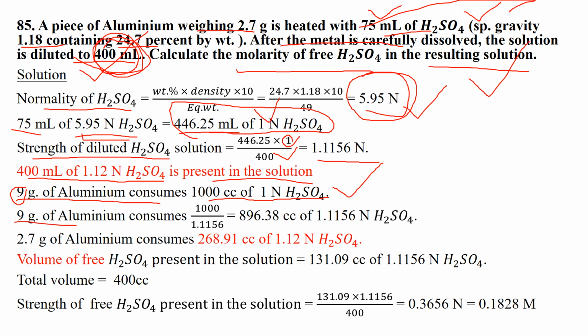Then 9 gram of aluminum consumes 1000 by 1.1156, equal to 896.38 cc of 1.1156 normal H2SO4, because the strength of the 400 ml acid solution is only 1.1156, right? Then 2.7 gram is given here. Aluminum consumes 268.91 cc of 1.12 normal H2SO4. Now we have to calculate the free H2SO4 present in the solution, right? Total H2SO4 present in the solution is 400 ml, right?